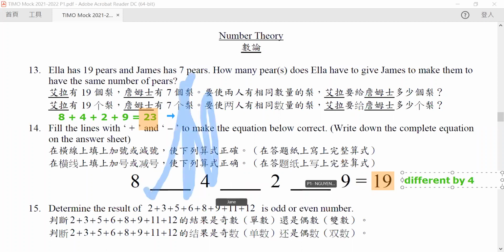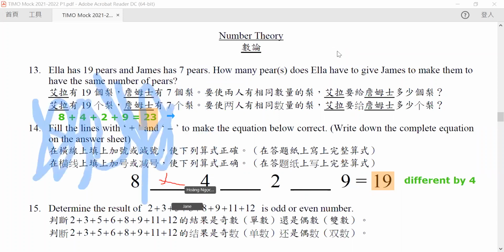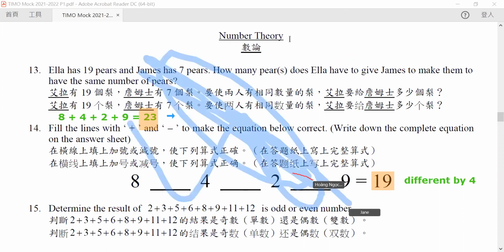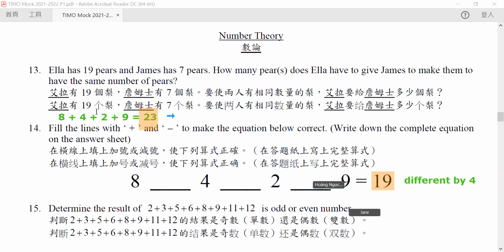So you can have this difference only if you convert the sign of one of these numbers from plus to minus, and it will only work if that number is such that the difference is twice the corresponding number. Hence we know that our answer should be 8 plus 4 minus 2 plus 9, which is equal to 19.